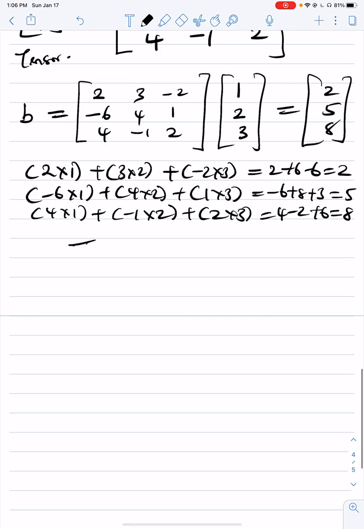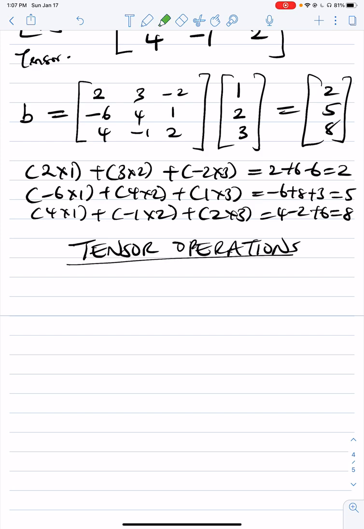So let's go over tensor operations. I believe this should be pretty straightforward, especially if you've done a linear algebra class before.